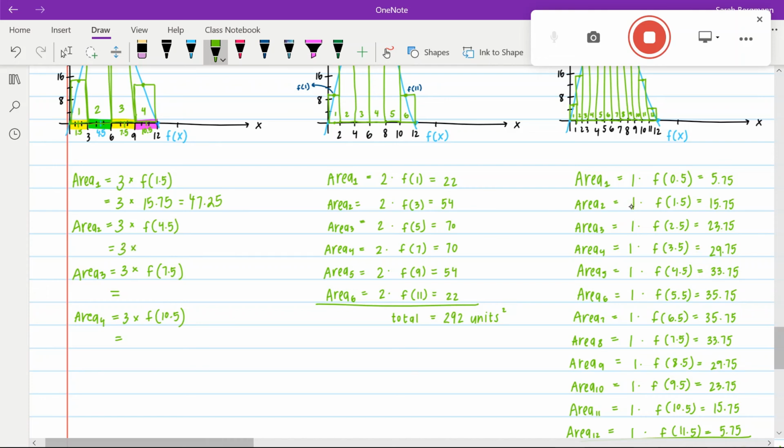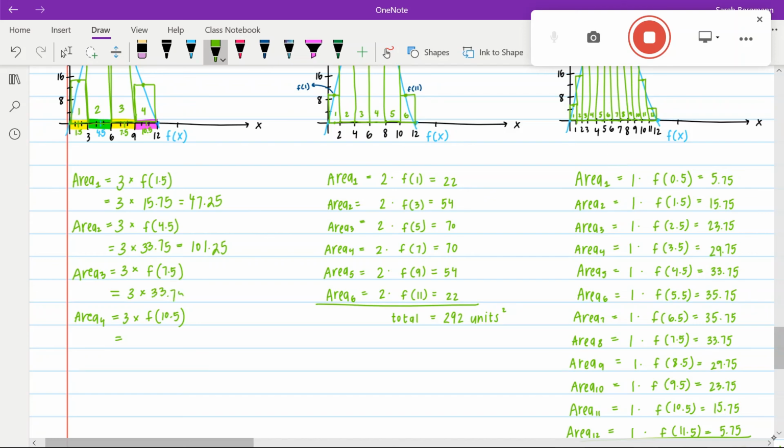The second rectangle, I need to find the height first by plugging in 4.5. That gives me 33.75. And when I multiply that by 3, the area of the second rectangle is 101.25. The third rectangle, I need to plug in 7.5 to find the height.